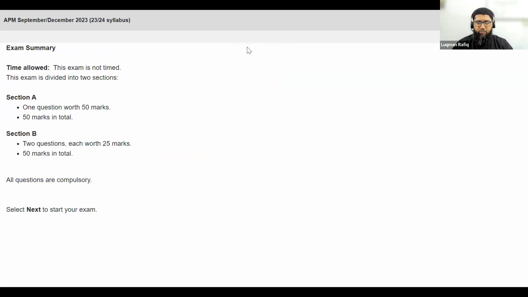The screen that is there in front of you is the ACCA computer-based examination platform. This is the December 2023 examination paper of the ACCA that was conducted.